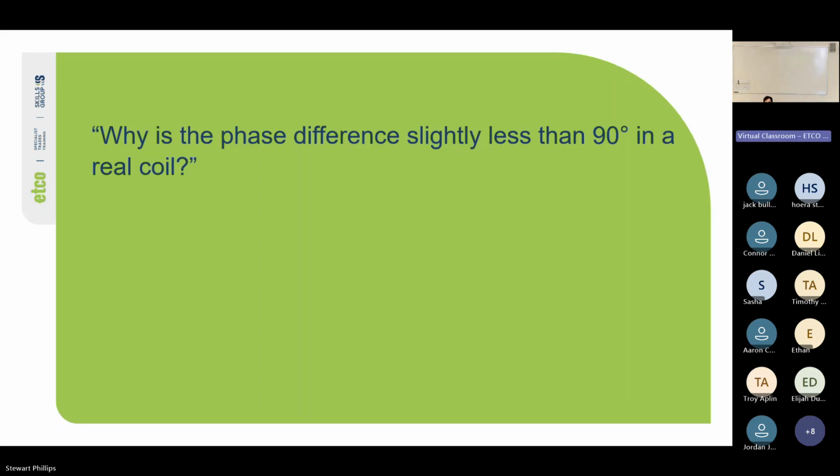So think about what the coil is made of. Yeah, that has something to do with it.